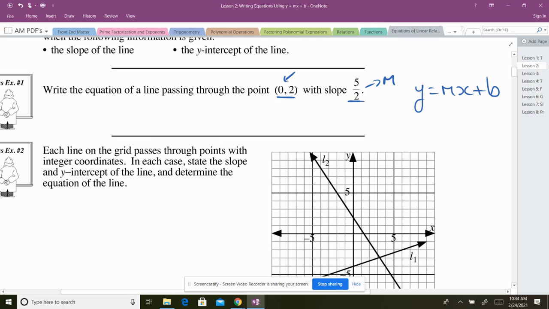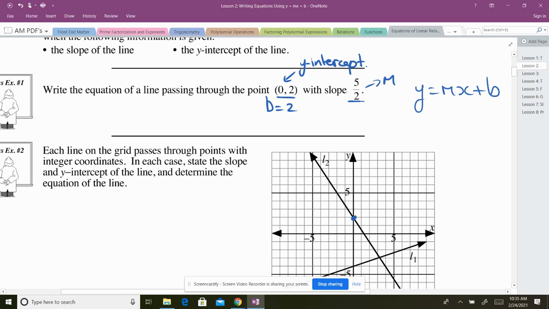So this is actually the y-intercept. My y-intercept is 0, 2, or b is equal to 2. Does that make sense? Because if I graphed it, it would be right there.